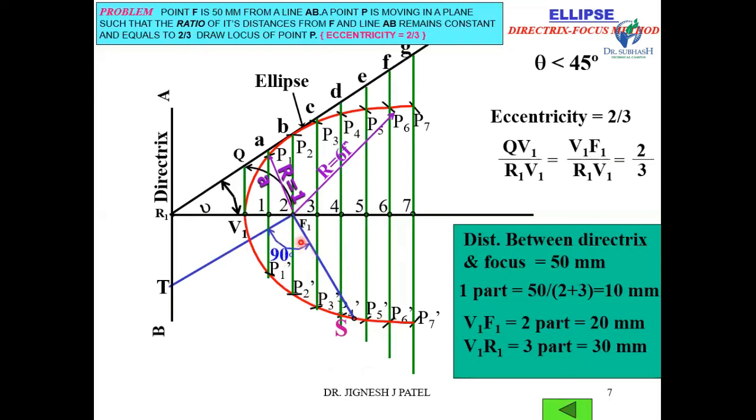So this angle is 90 degrees, and the intersection point of this line with the directrix is T. Now join TS, which is known as the tangent. Now from point S, draw one line perpendicular to this TS. This is known as the normal. By this way, you can find the tangent and normal at any point on this ellipse. So this method is known as the directrix focus method.